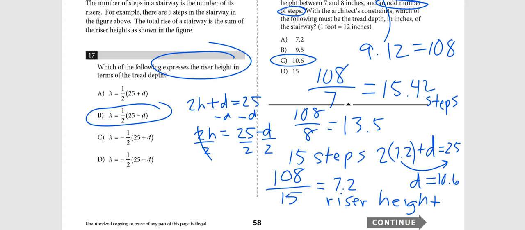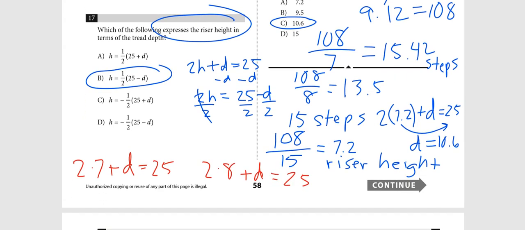Now, another thought you could do that might help you, but is not necessary. What if you assumed that the riser height was 7, and then also checked for 8? What happens when you do this is that you end up finding that the tread depth has to be between 11 and 9.